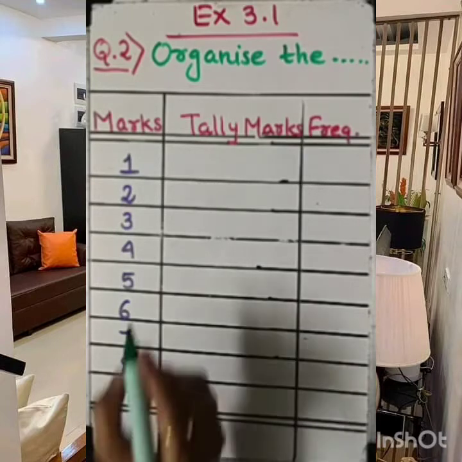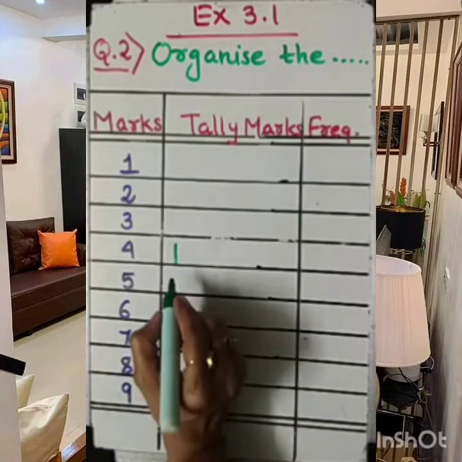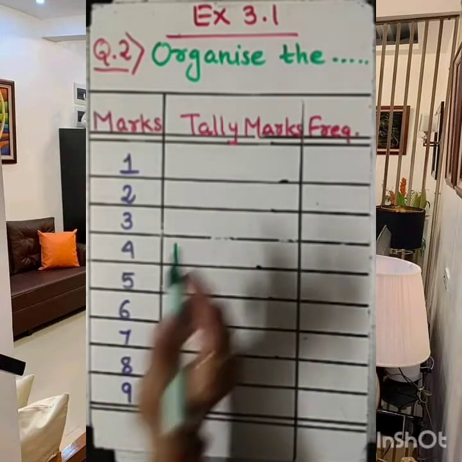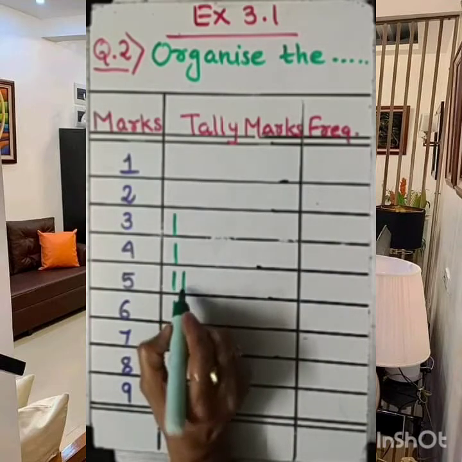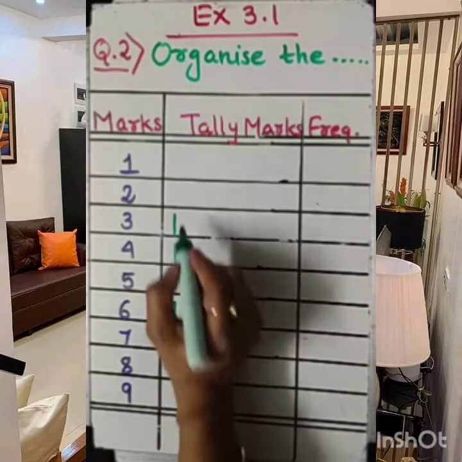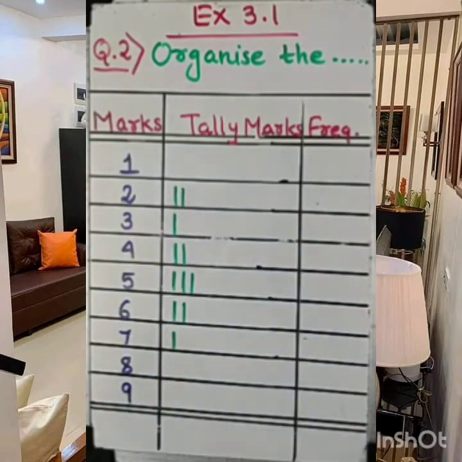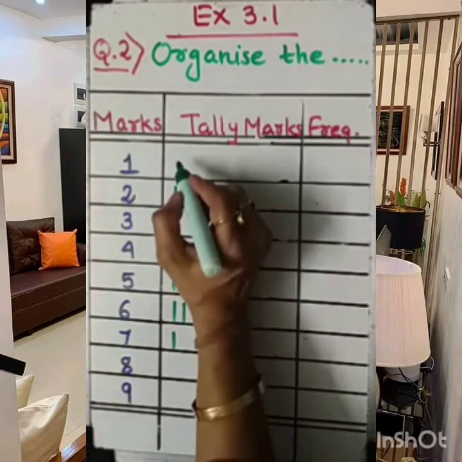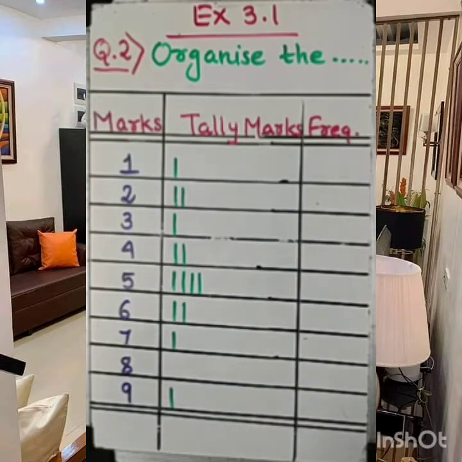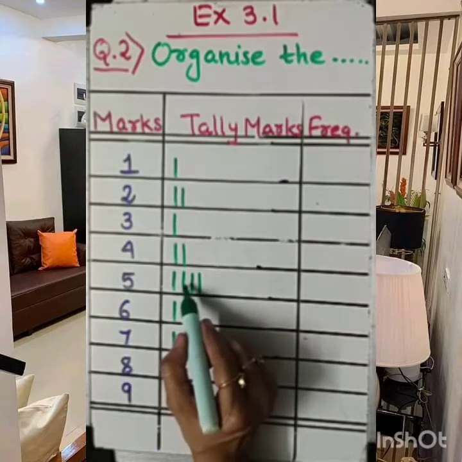The first one is 4, then next is 6, 7, 5, 3, again 5, then 4, then again 5, 2, 6, 2, again 5, 1, 9, 6, then 5 fifth time, so we will have to cross it.